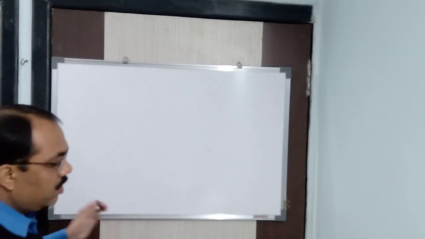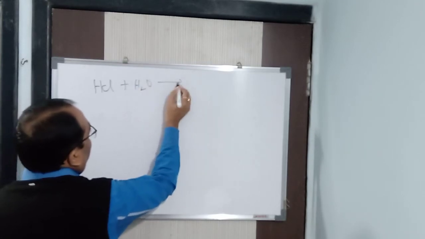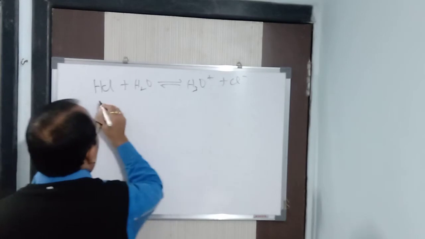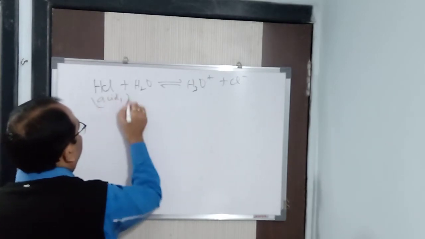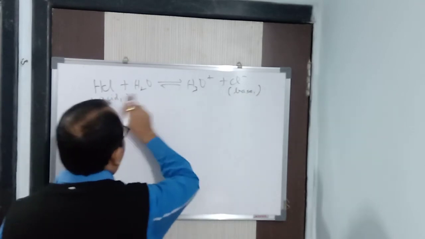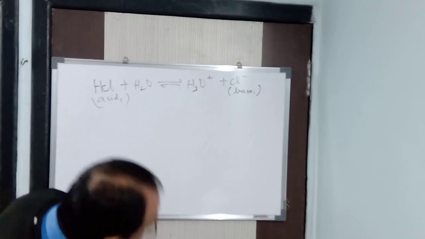How is it amphiprotic? See here, now HCl reacts with water to form H3O plus and Cl minus. Now you know this is acid 1 and this is base 1, because this acid dissociates to give the corresponding base.